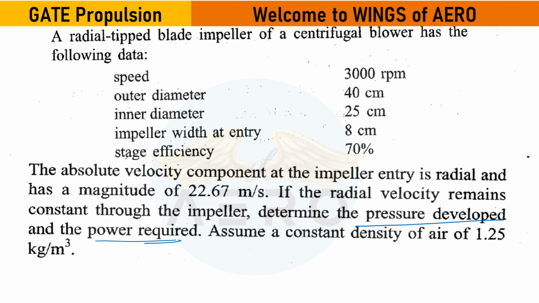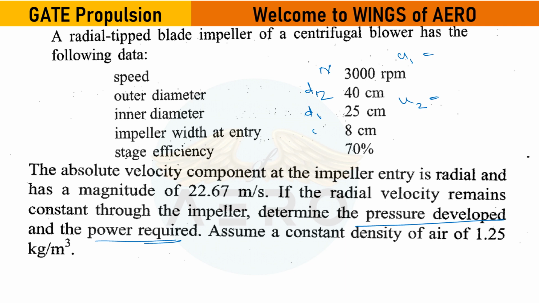How can you find that? What is the principle you are going to make use of? They have given N, so using N you can find U1 and U2, because they have given D1 and D2.